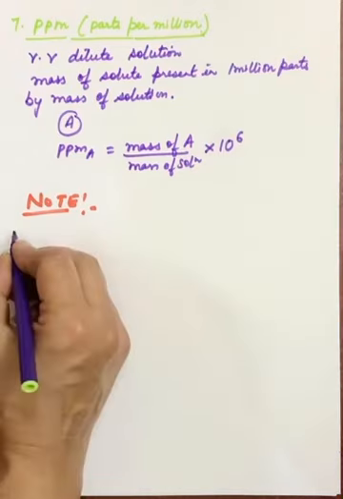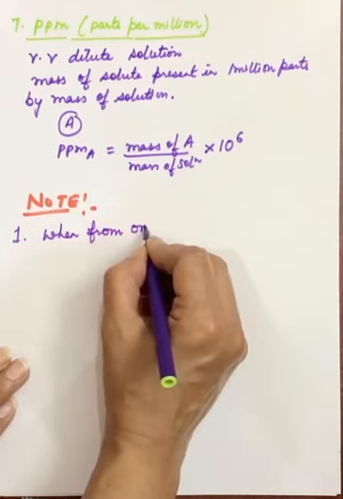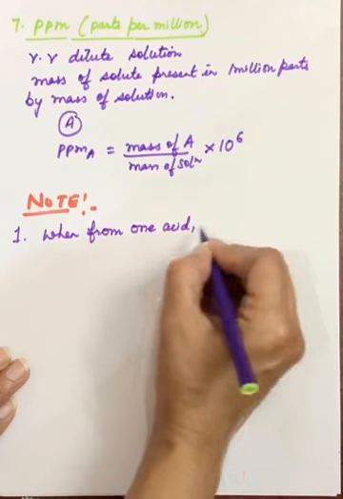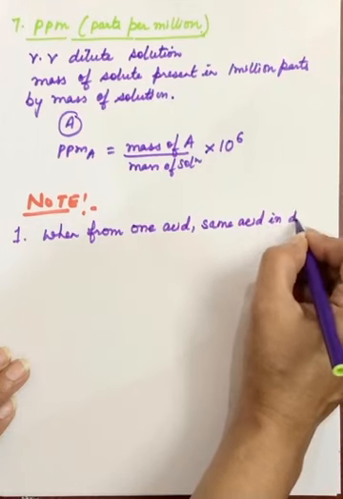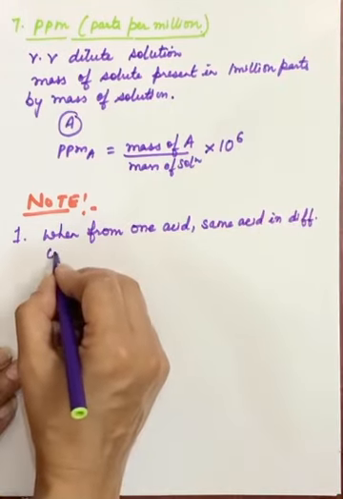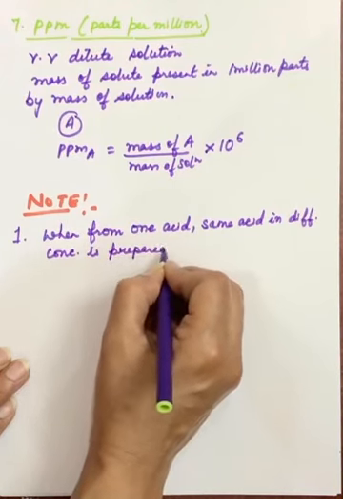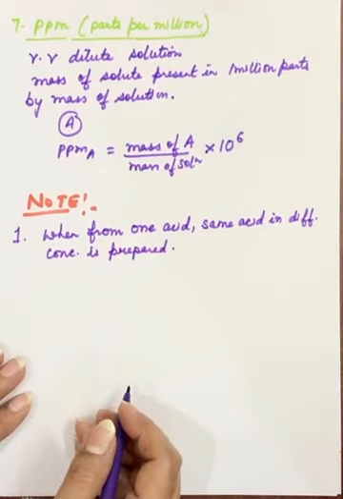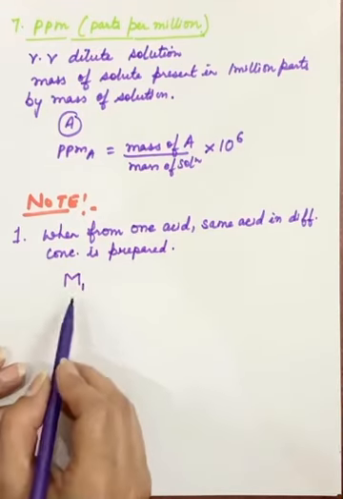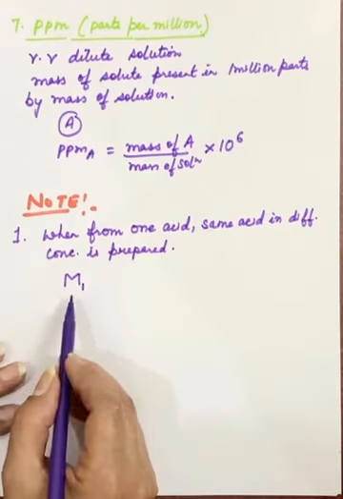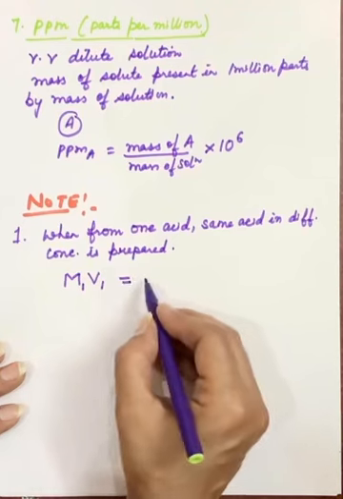The first one is, if we take an acid or a base and just change its concentration, same acid or base but changing its concentration, then if we have to find out the concentration of the acid which is diluted, let's say the first acid or base that we have taken, its molarity is M1 and the volume of this one is V1, and when suppose we dilute it, then its molarity will change.